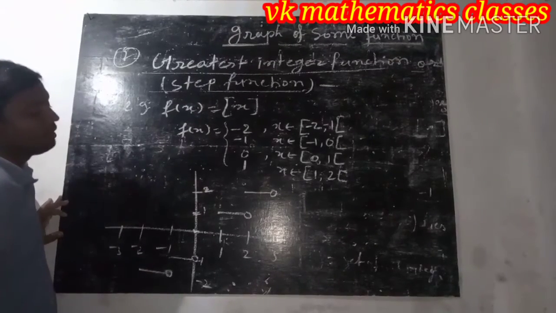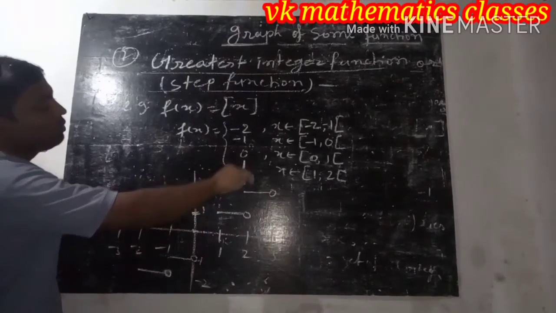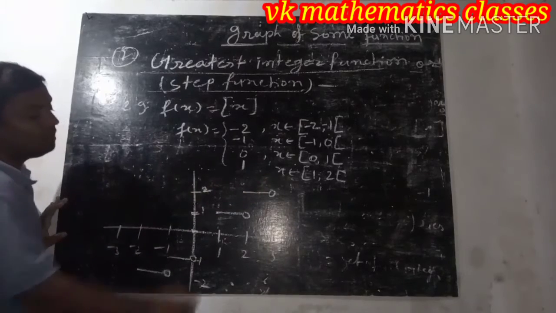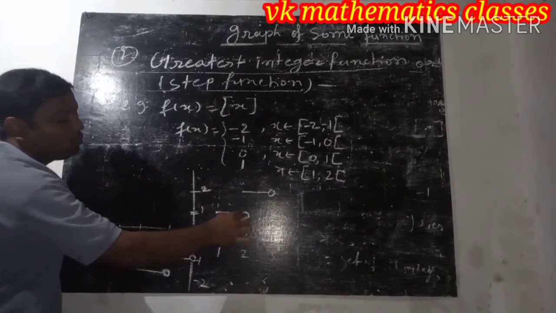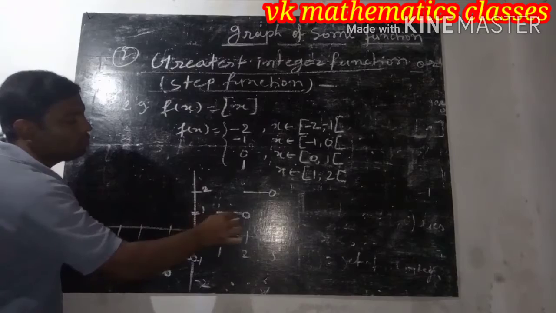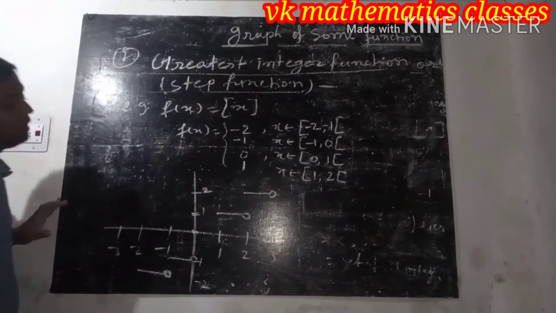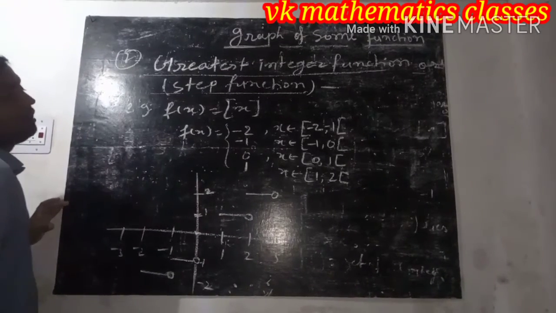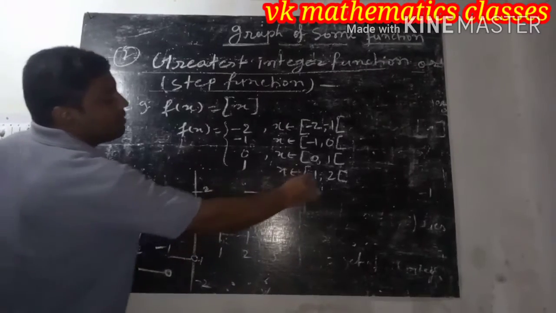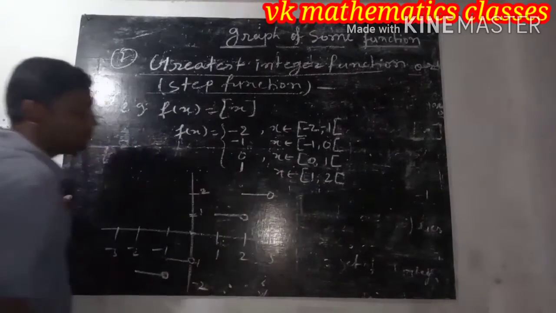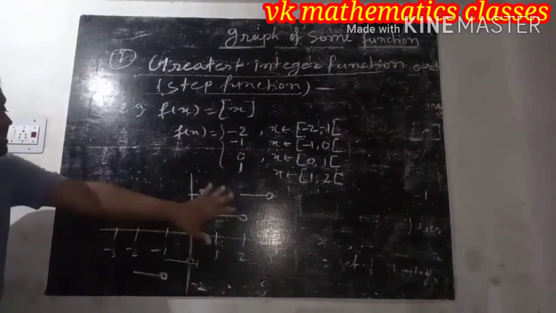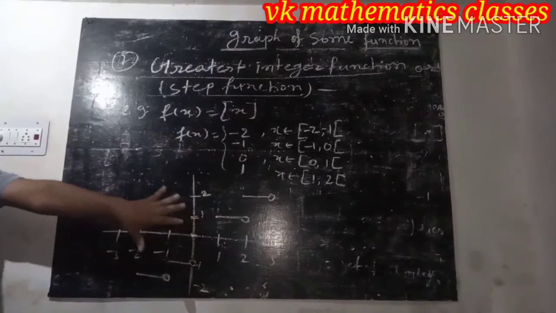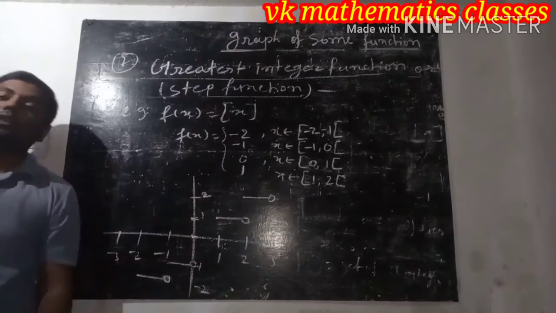If we take 2, then this is not 2 but 1 to 2. Here 1 means 1 is included but not 2. So this is the graph of a step function, or greatest integer function.